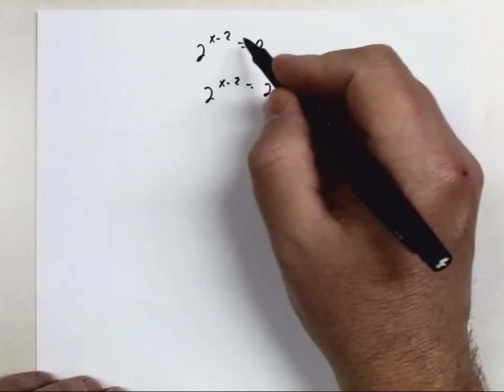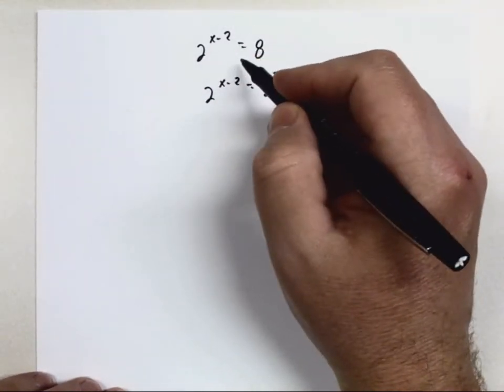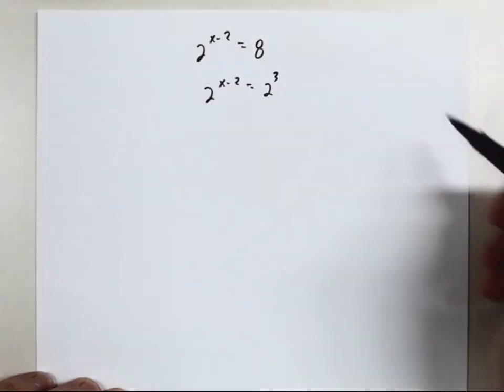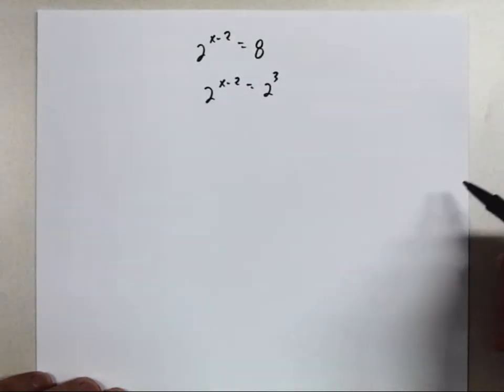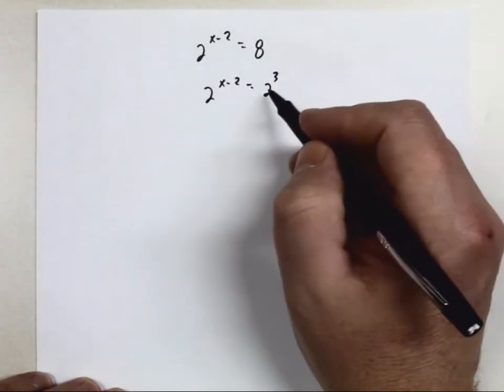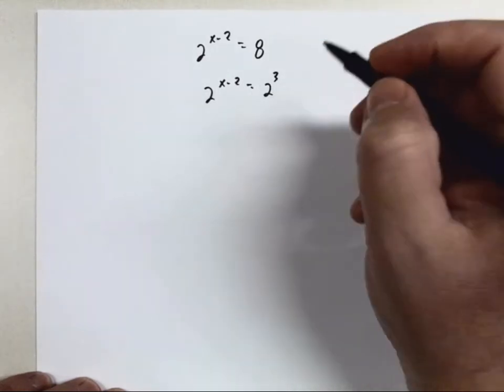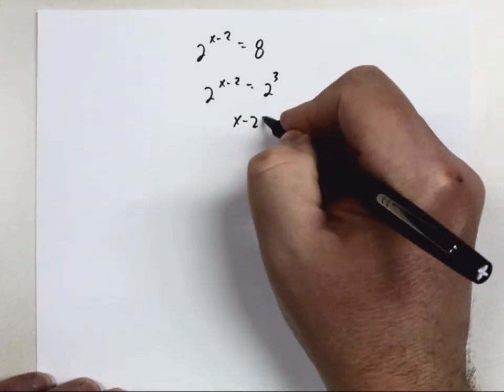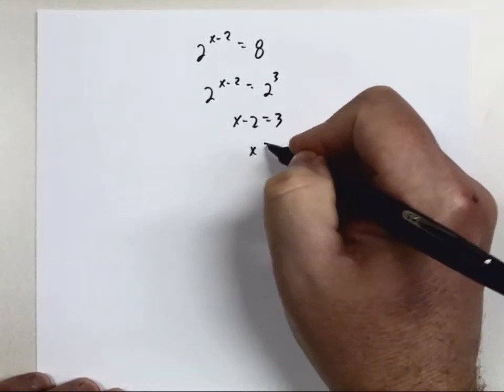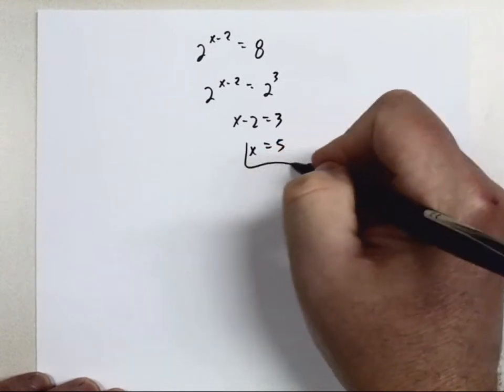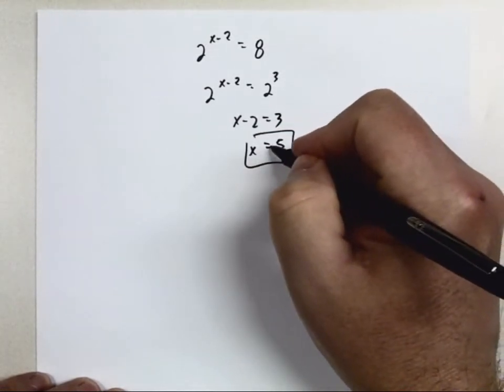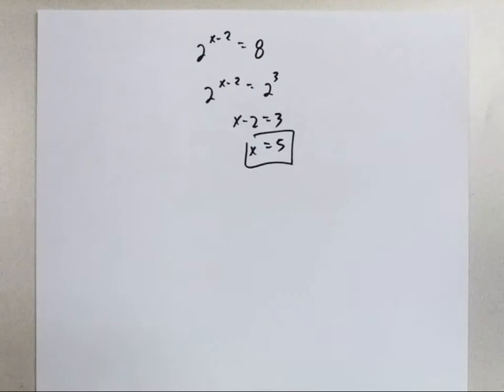So we've been doing logs so much, maybe you see this and you want to just dive in and take the log of both sides, and that would work. But the other option is, it's a lot simpler if you do this. And there's your solution. Now you would have gotten the same solution if you took the log of both sides.